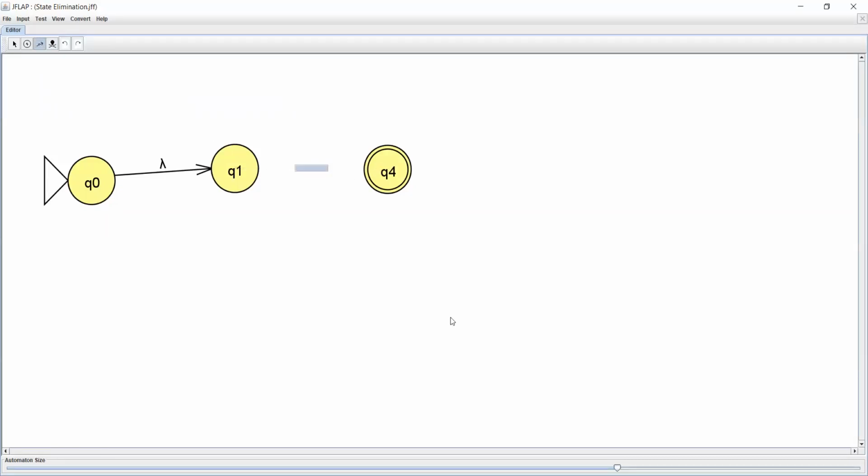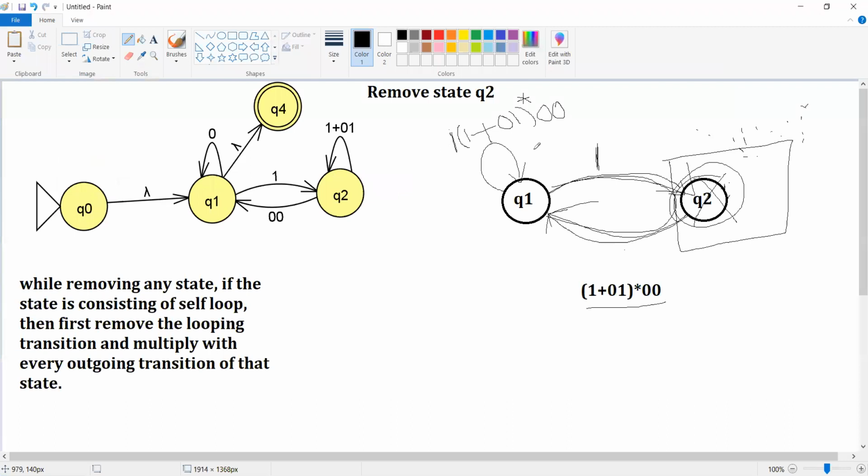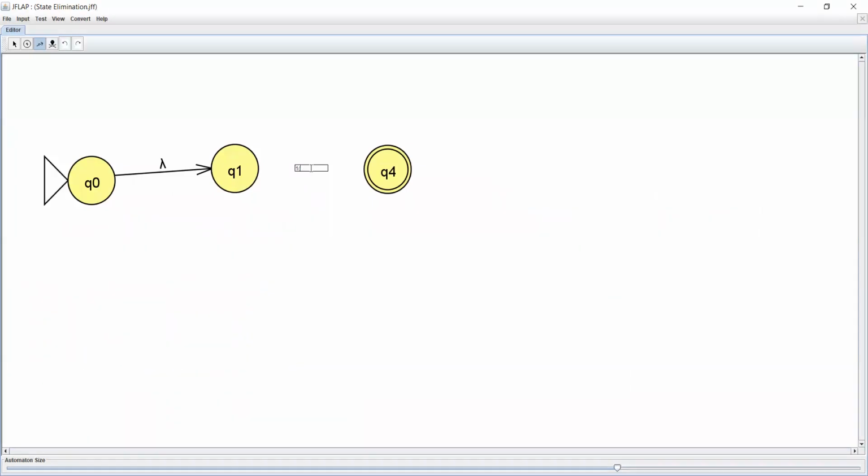So 1 into (1 plus 01)* 00 plus 0. This entire thing will become whole star because we have a looping term into epsilon. When you do the multiplication with epsilon, you will get the same epsilon itself.